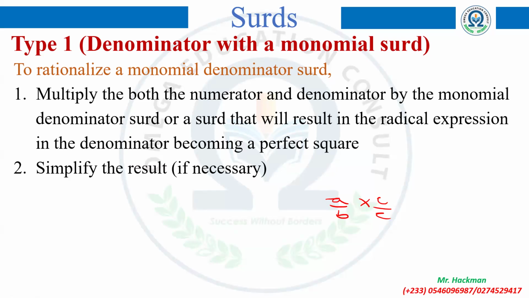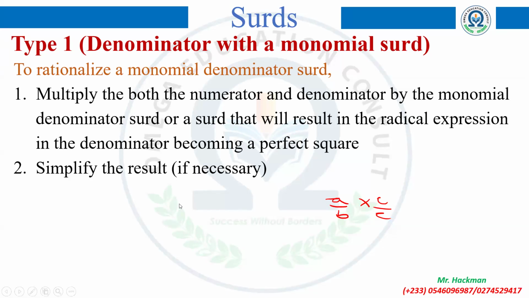Where you have your radical sign, you have to concentrate on that and you will get there. I will tell you exactly what to do in that situation. Then after you multiply both the numerator and the denominator by this monomial surd in the denominator, what do you do? You simplify the results if necessary.